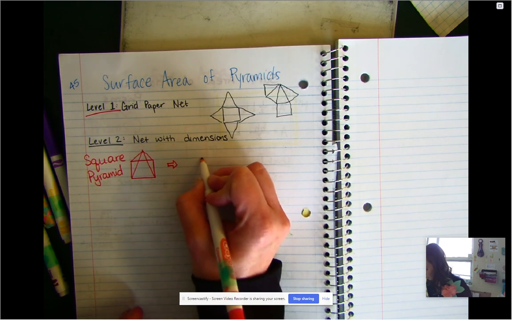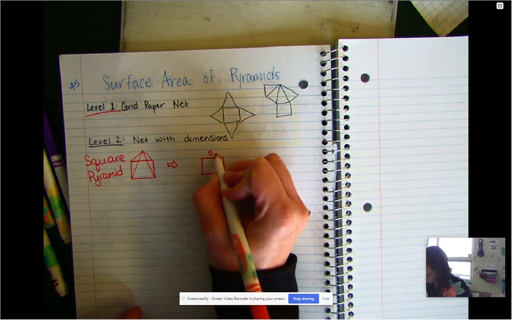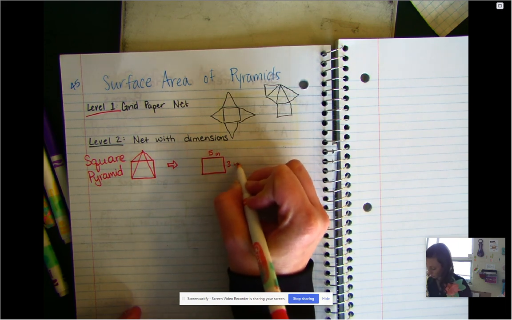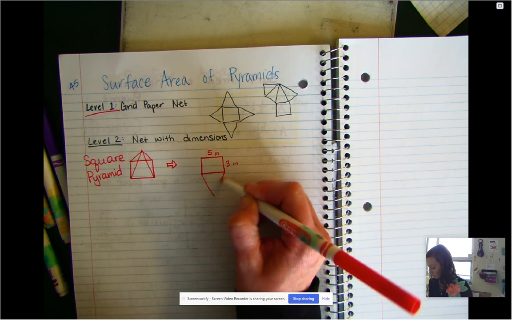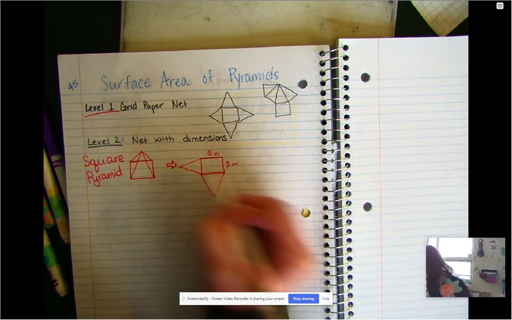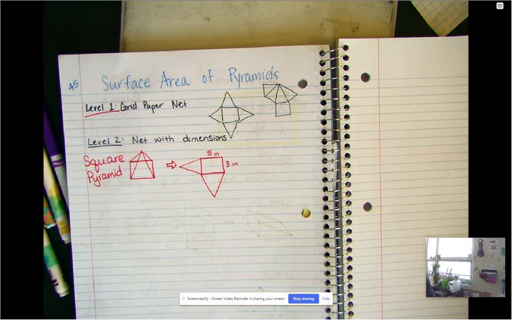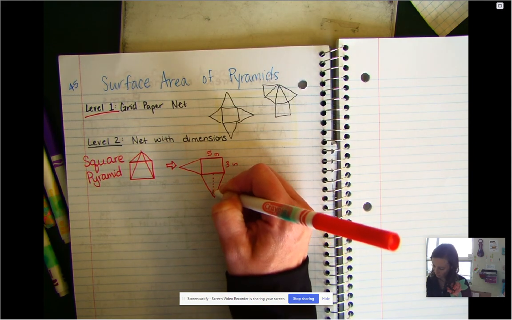They're going to show us that this falls apart to be a 5-inch by 3-inch rectangle on the bottom, and that each one of these sides is 5 inches tall. The height is 5.